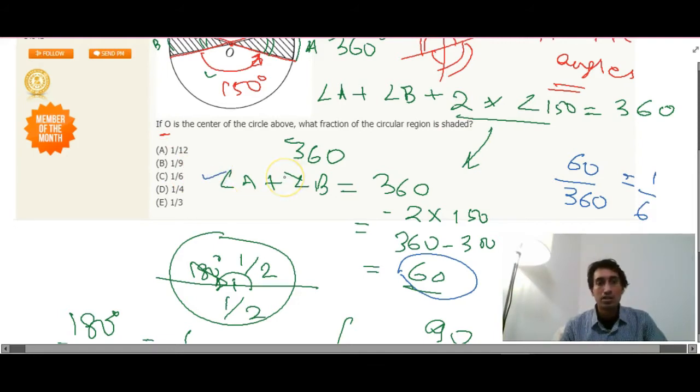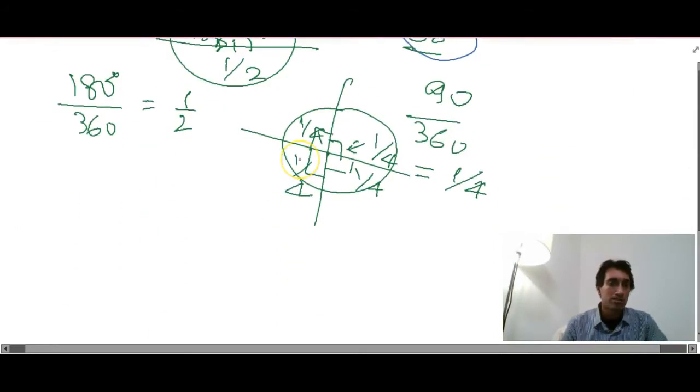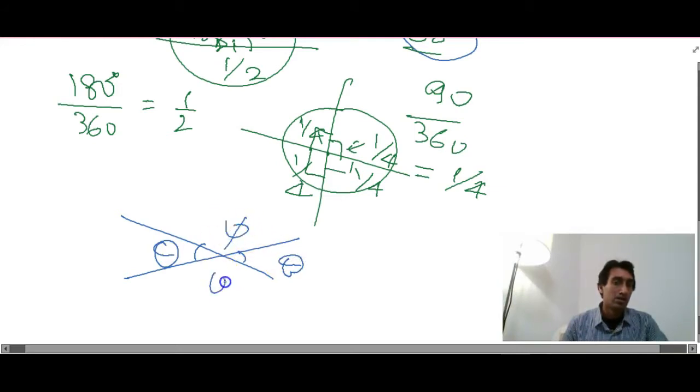So there are two important concepts. Concept one is that whenever we have two intersecting lines, the opposite angles are always equal. If this is theta, then this will also be theta. If this is psi, this is also psi.